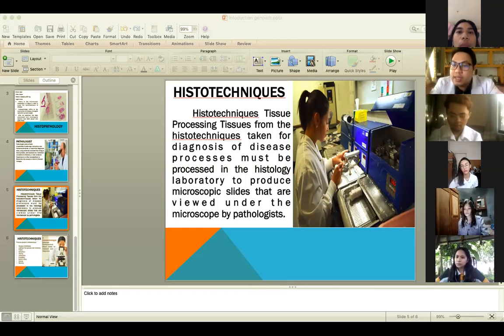Kukuha ng sample, dadalhin sa lab, the pathologist will perform frozen section directly sa specimen. Mabilisan yun. And then, after frozen section has been done, tatawag na ang pathologist sa OR. Okay, ano yung result? Merong dalawa. It's either benign or malignant.